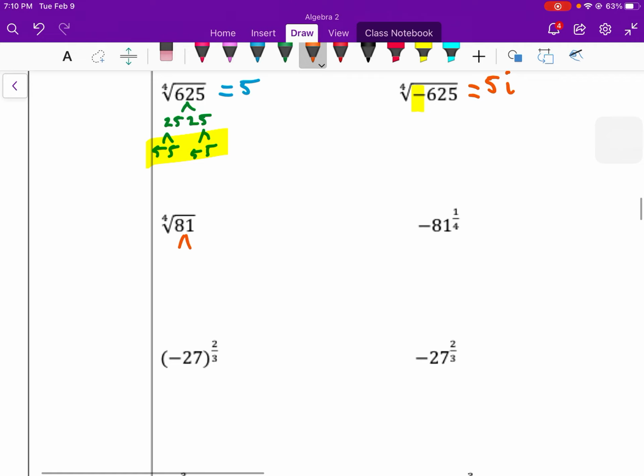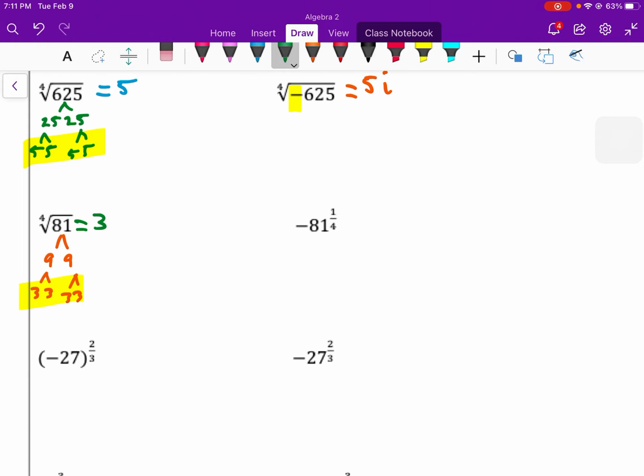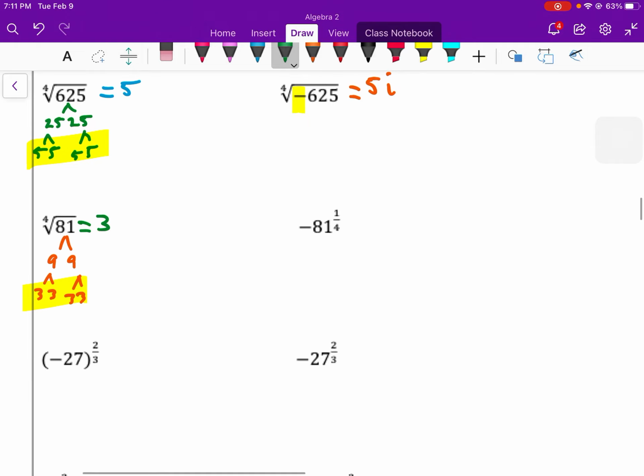Now for this one, the 4th root of 81 is going to be 9 times 9, which is 3 times 3 times 3 times 3. So there's the 4 that we want to pull out. So this is going to be just 3. Now in this one, we have the negative 81 to the 4th power. So this is our index.